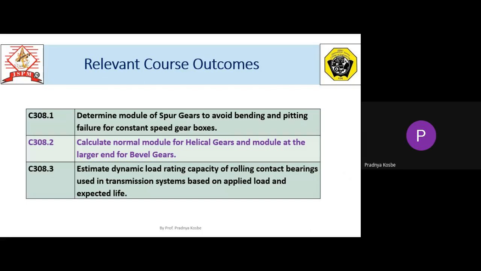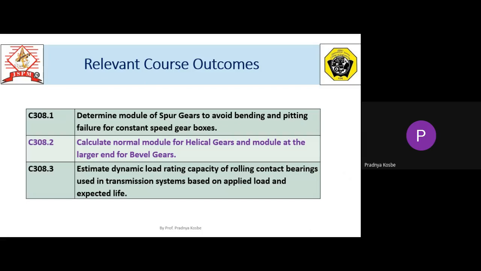It is CO308.1. When we design a gearbox, that means we have to design gears. And design of a gear means you have to decide the specifications or dimensions of the gear, and the dimensions of the gear are based on a module.